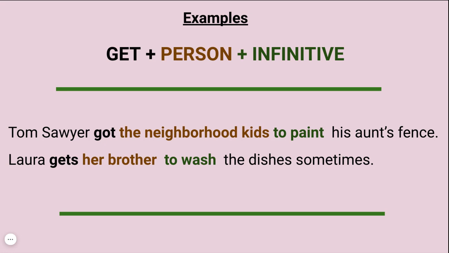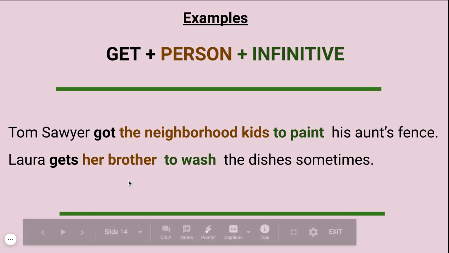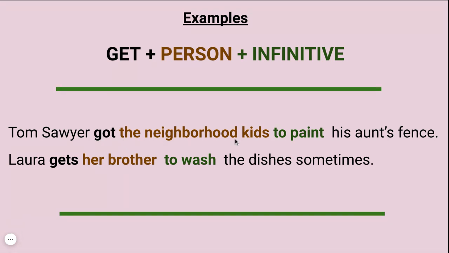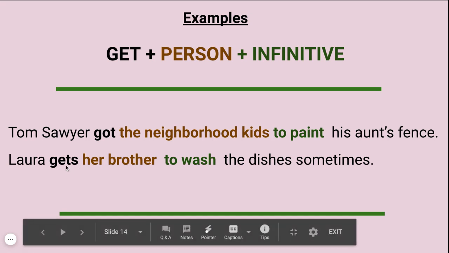Laura doesn't wash the dishes sometimes, but somehow she causes her brother to wash the dishes. And if you notice again, after get or got, use the verb get or got plus the person plus the infinitive form. Again, the verb plus the person plus the infinitive form of the verb.